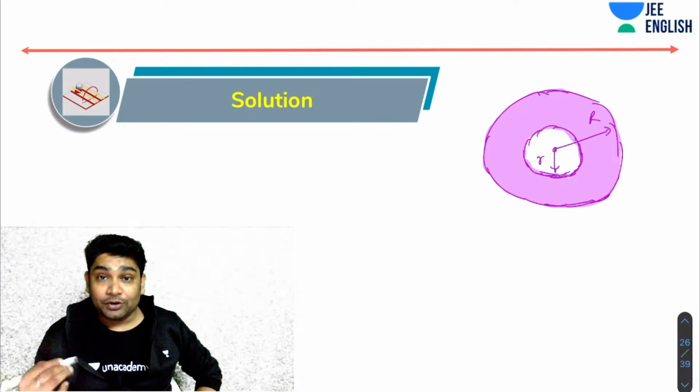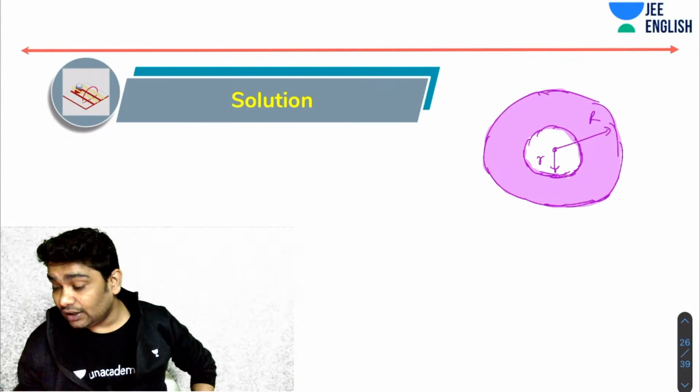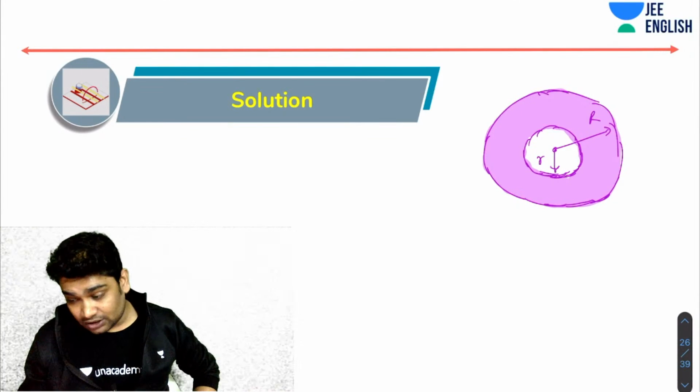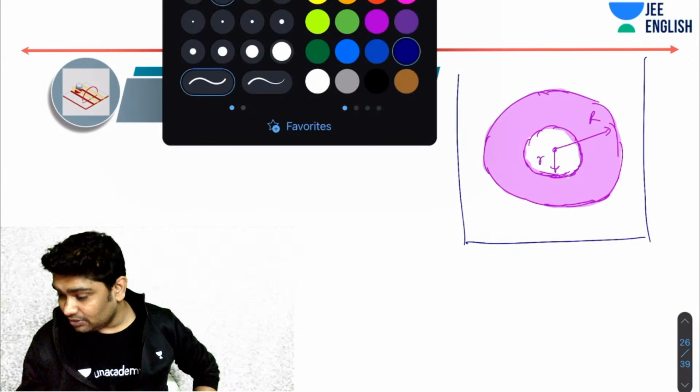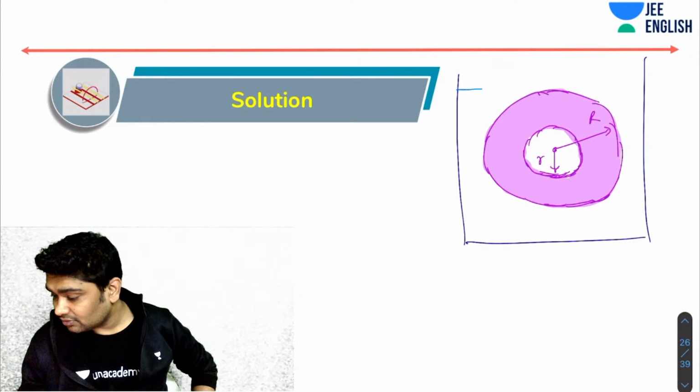Correct. Now you know for this to float, and this is floating completely submerged, that has been told to me. So if this is floating completely submerged, this is the situation.